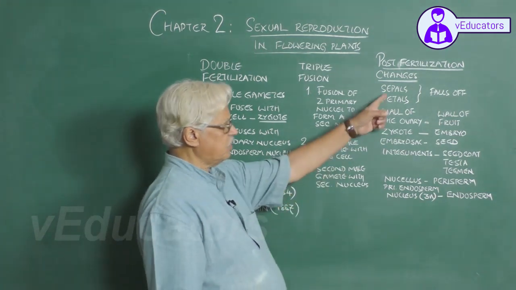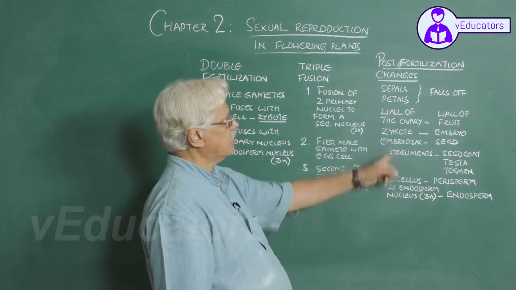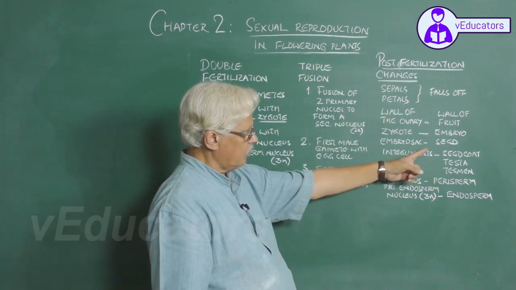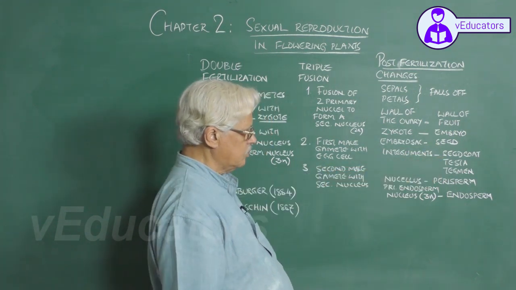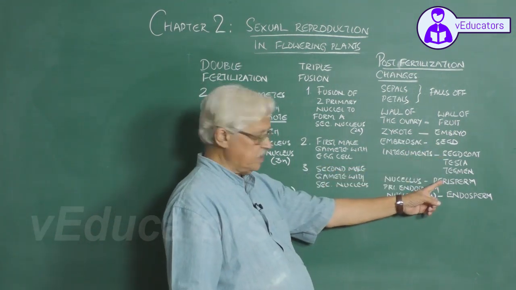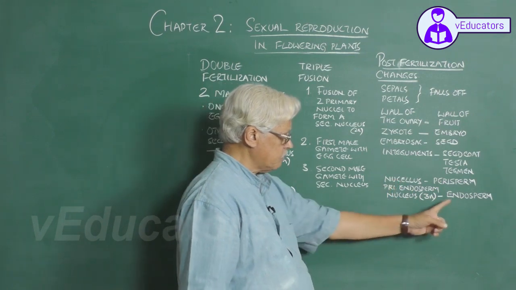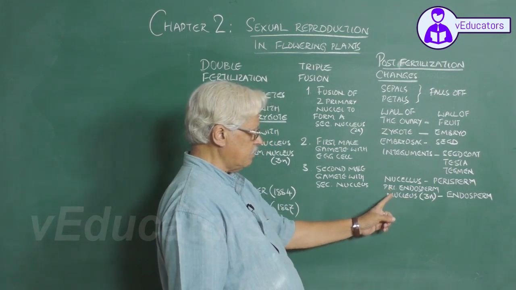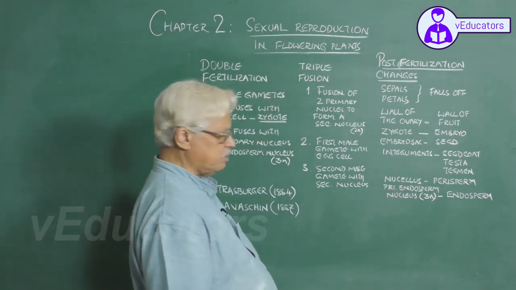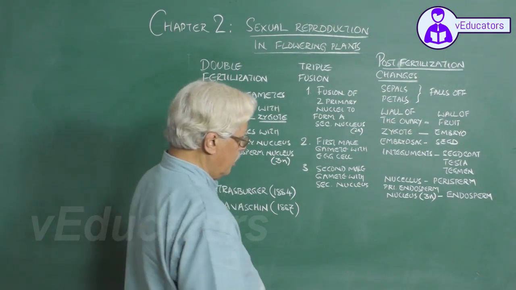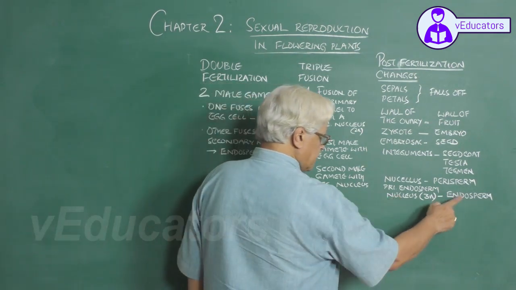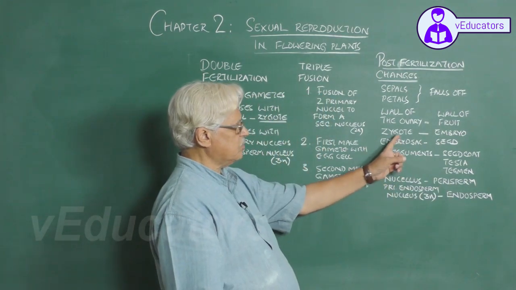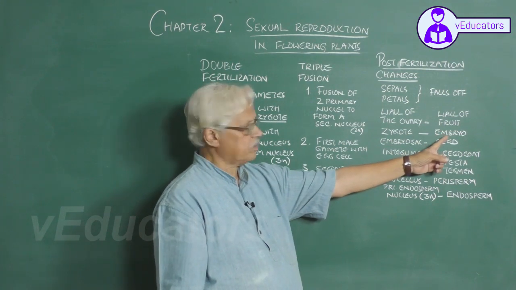So these changes now take place inside the flower following fertilization. So covering the seed there is a seed coat, nutritive tissue called perisperm that is formed from nucellus, and a very important nutritive tissue called endosperm that develops from the primary endosperm nucleus. Primary endosperm nucleus gives rise to endosperm much before the zygote develops into the embryo.